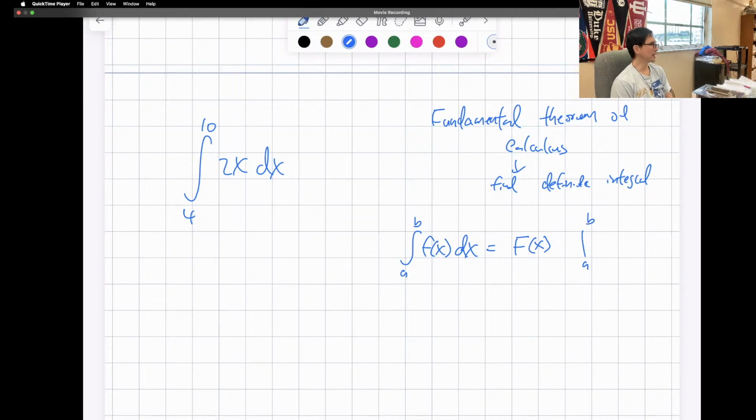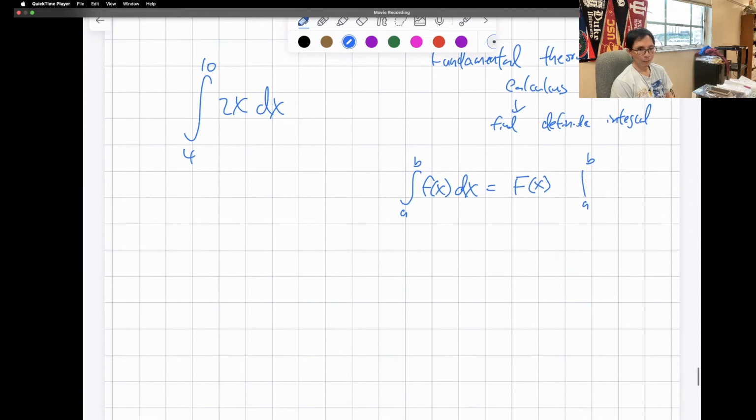Now, some people are going to say, "Wait, Mr. Ye, do you have to have a plus c?" We're going to talk about that in a second. But what does the fundamental theorem of calculus say? Well, if you have that, that's equal to F of b minus F of a, and that's it, because we can do that. Now, let's assume that you have a plus c here, right? So we will have a plus c, and we have plus c here.